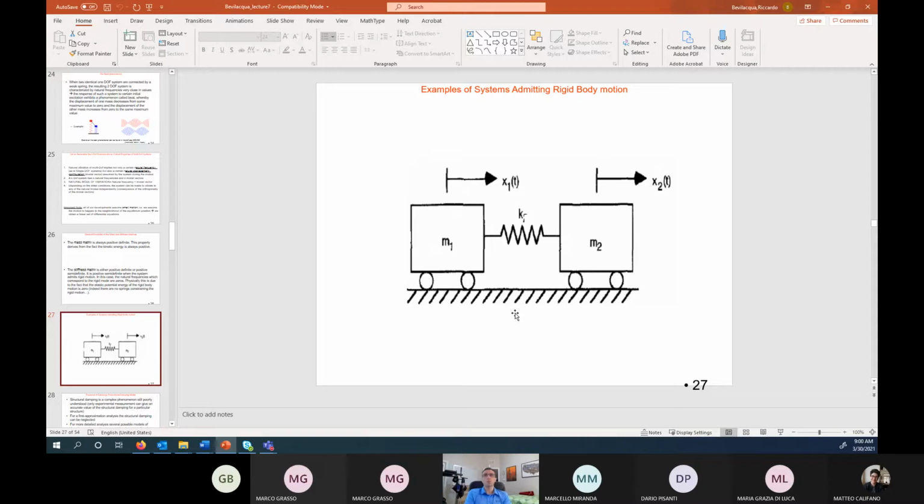While that was not the case with the previous example where the mass M1 was attached to the wall. Well, first you have an additional spring, but also there's no rigid motion possible. Okay, so a few properties there.